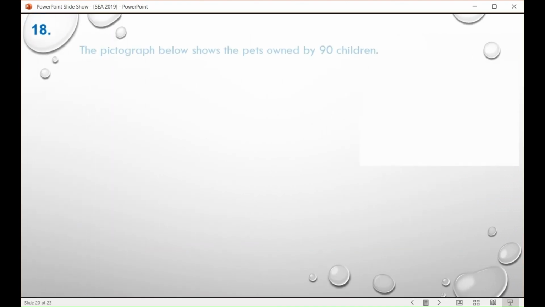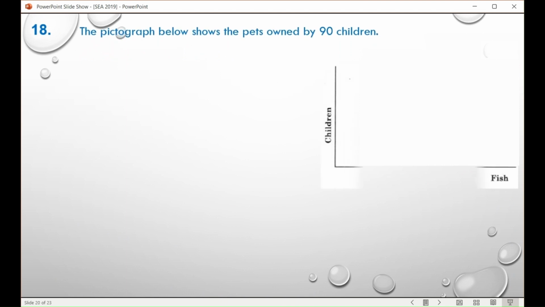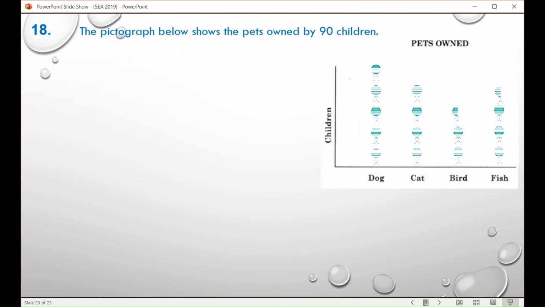Number 18, the pictograph below shows the pets owned by 90 children. And if we look at it, we can see what are the types of pets that the children own. They own dogs, cats, birds, and fishes.